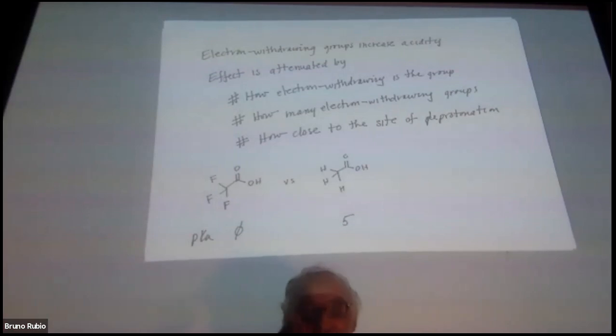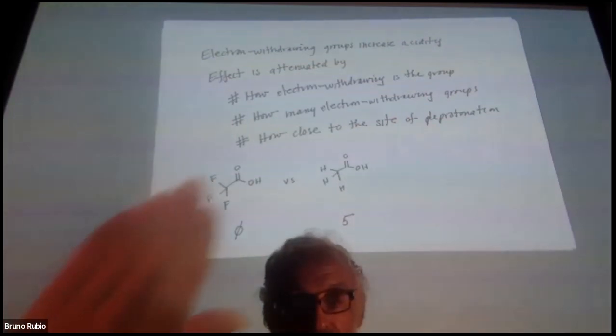So what we're seeing here is that electron withdrawing fluorine has increased the acidity over a model compound that doesn't have any fluorine by a lot, by 5 orders of magnitude. But in this case, fluorine is very electron withdrawing. There are many fluorines, and they are very close to the site of deprotonation. So this is another trend that we see in acid and base strength.